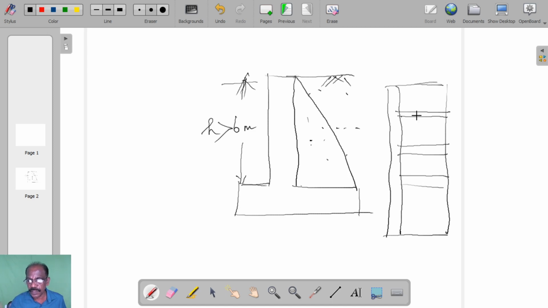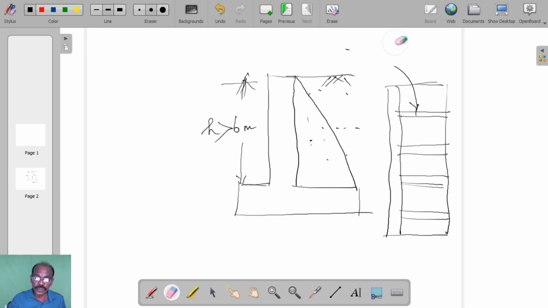This is one vertical wall, and this is the complete base slab, and in between the base slab and your vertical stem, we are providing some rectangular walls. If the wall is more than 6 meters, then this wall is the buttress wall. Sorry, the counterfort wall.